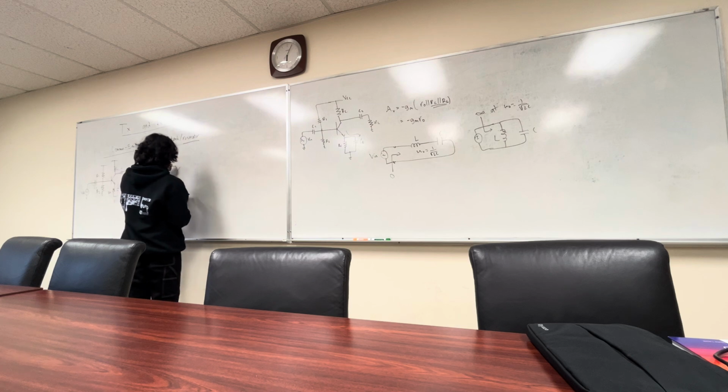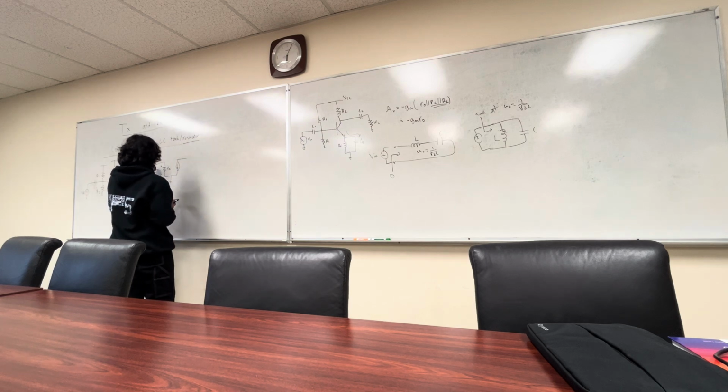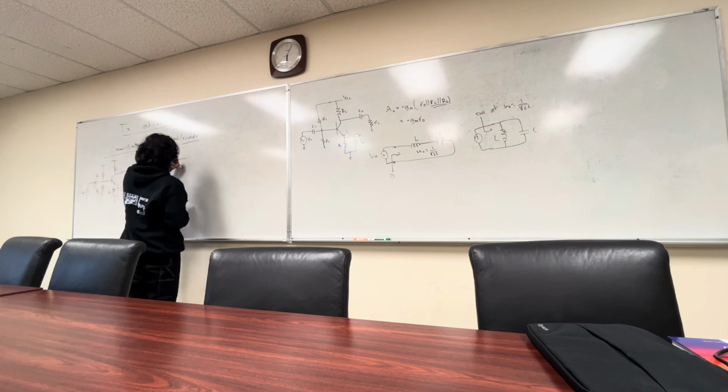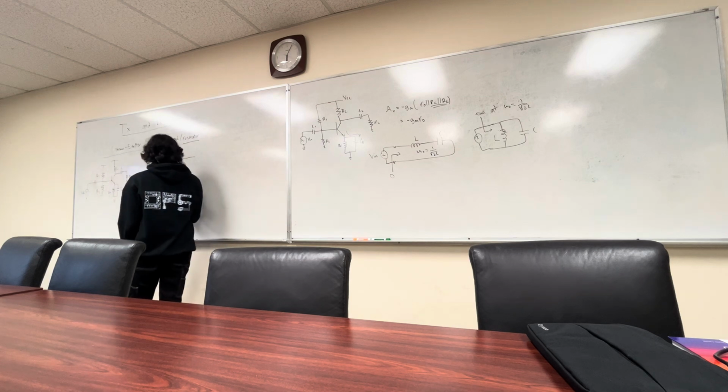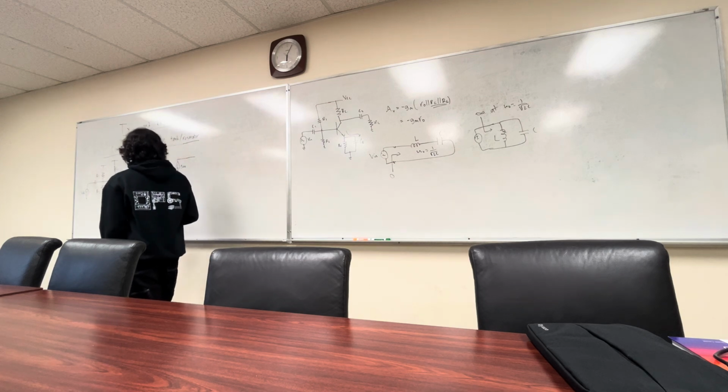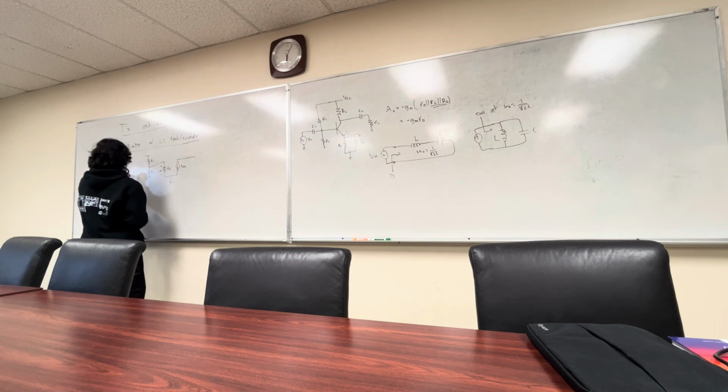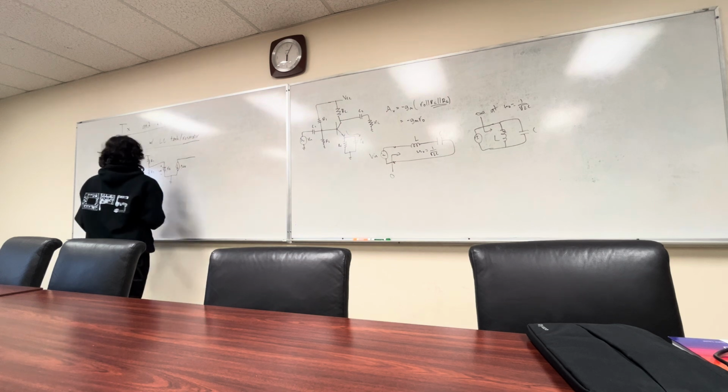As usual, we'll just add the current source, which is V pi, gm V pi, and of course, all of this stuff. What does that look like? So I'm going to make a modification here, call this RLS.